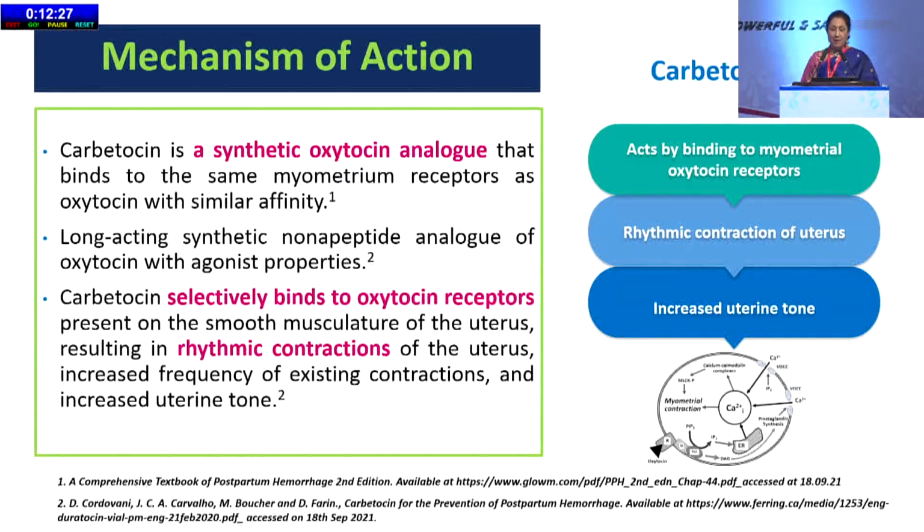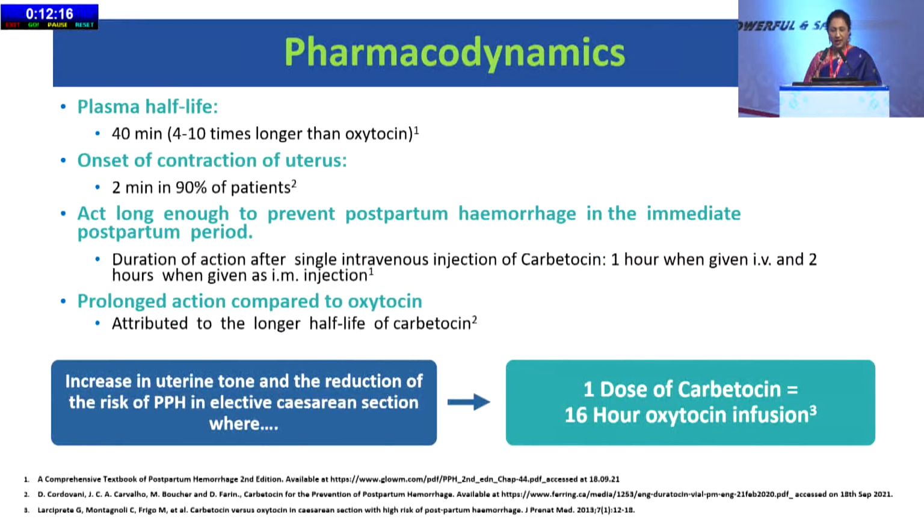It acts by binding to the myometrial oxytocin receptors. Once it binds, it causes rhythmic contractions, which increase the uterine tone and take care of uterine atony. The onset of action is just 2 minutes, and look at the half-life: it's 40 minutes, almost 10 times longer than oxytocin.